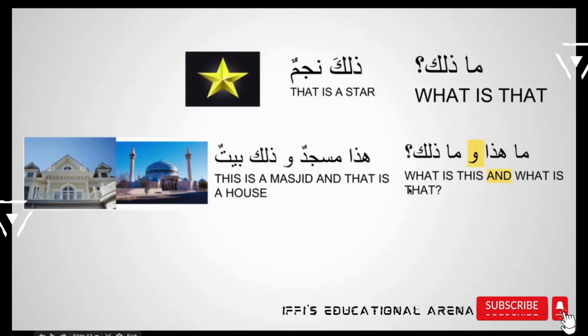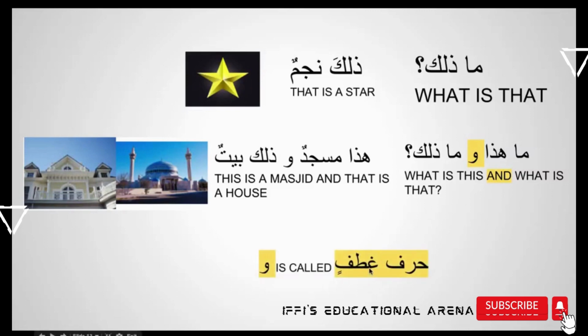If you see here, we've used another word, wow. So we have to learn a little bit about this wow. What is this wow doing in a sentence? It means and. This wow is called harfu atfin. Sorry, it's a spelling mistake here. It's not ghain, it's ain. Harfu atfin.